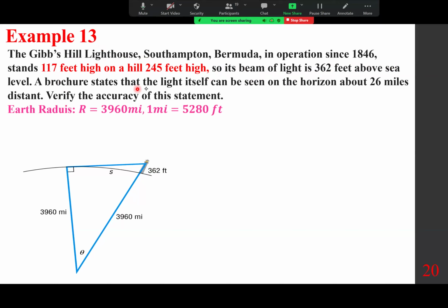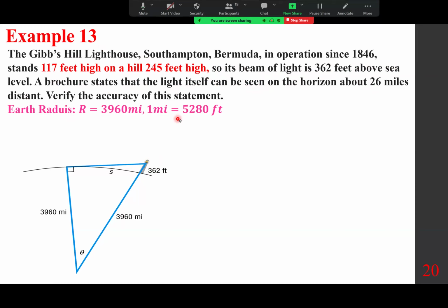A brochure states that the light itself can be seen on a horizontal about 26 miles distant. Verify the accuracy of this statement. Earth's radius is 3,960 miles roughly, and 1 mile is 5,280 feet.